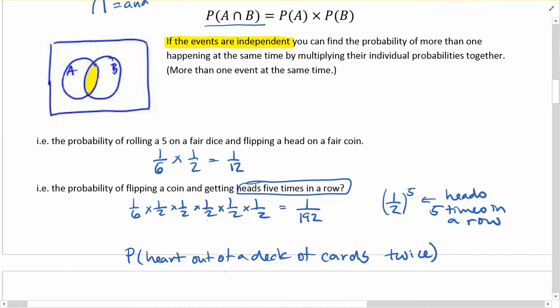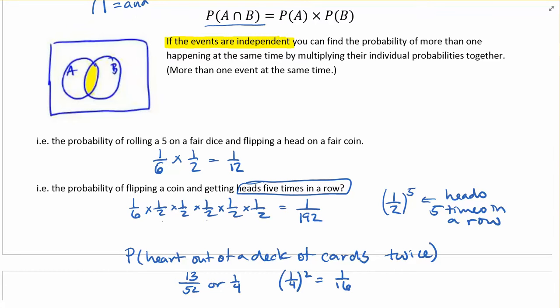So 1/4 of 52 total in the deck is 13. So there's 13 hearts. So you've got 13 out of 52, or that's 1/4, because there's 4 suits: hearts, spades, diamonds, clubs. And if you want to do it twice in a row, if you put the card back, it would be 1/4 squared, or equal to 1/16. So you can square, or put it to the 5th, or put it to the 6th if you're getting the same exact thing multiple times in a row.